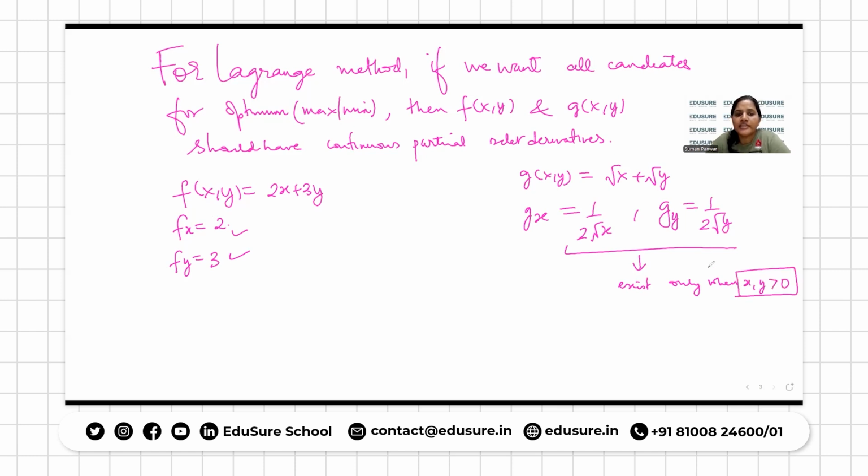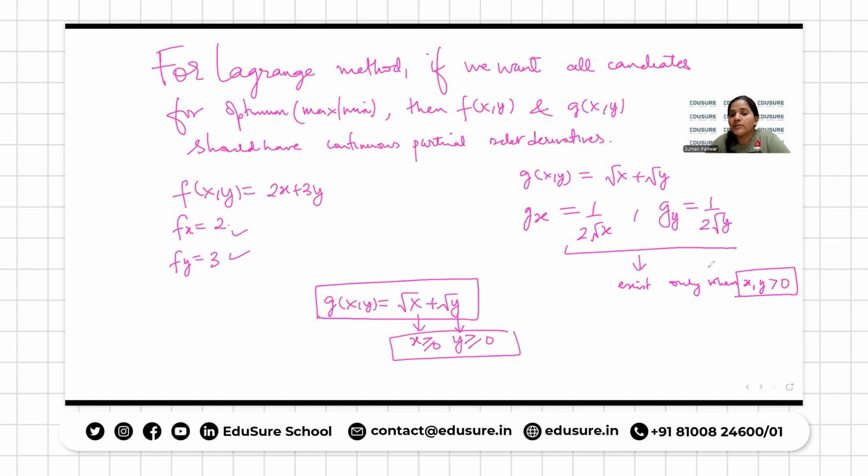The domain of g(x,y) is x greater than or equal to 0, y greater than or equal to 0. So there are points on the domain, at x equals 0 and at y equals 0, where the partial derivatives do not exist at all, and so they are not continuous.